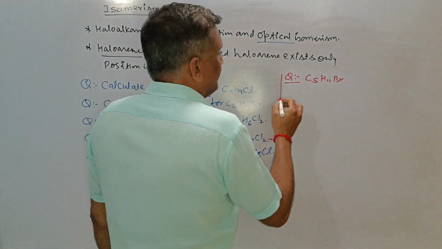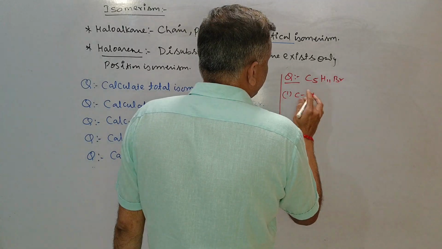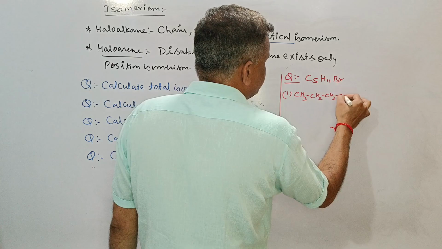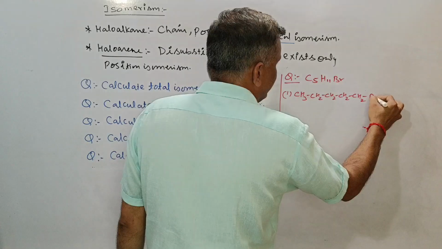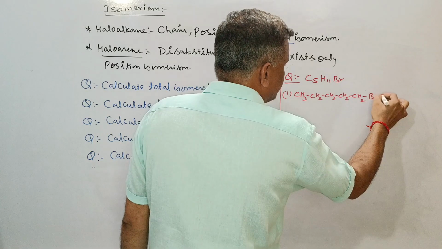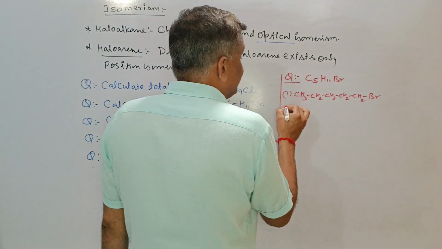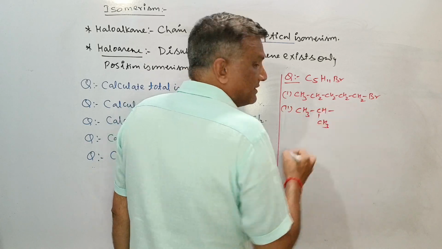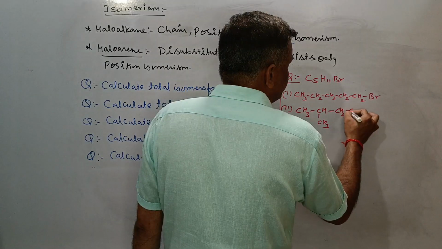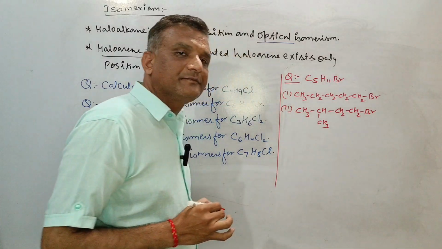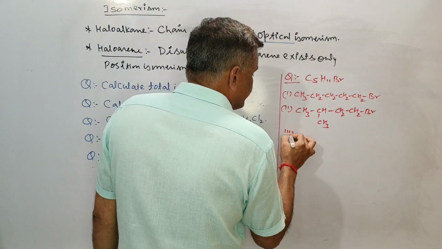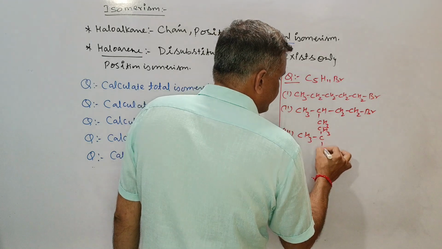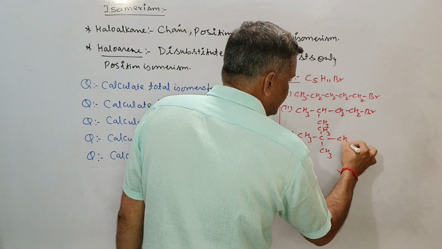What are they? First of all, this is the one: n as normal, CH3, CH2, CH2, CH2 and CH2 with Br. So this is the first isomer. Further iso: for the iso there should be 2 methyl groups, and the remaining carbon will be over here, 1 and 2. This is the Br. Third is neo: CH3, CH3, CH3, this is the CH2 and Br.